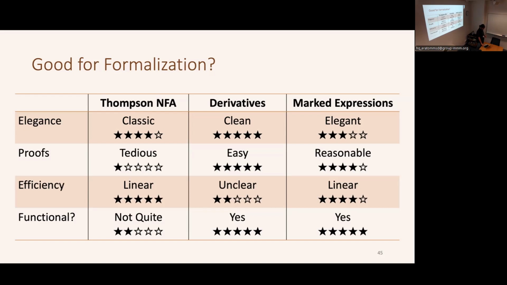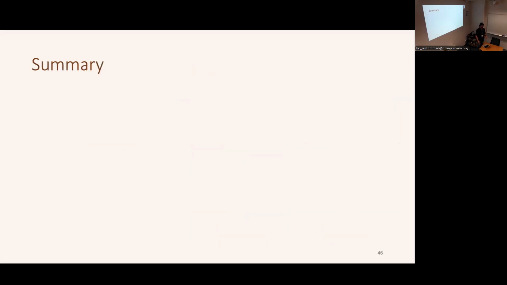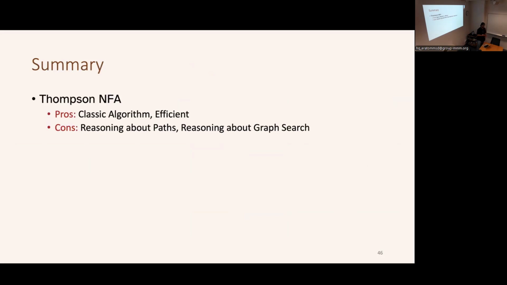So let us summarize by recollecting the pros and cons of each of these techniques one more time. With Thompson NFAs, we have a very classic algorithm which can be implemented very efficiently. But the con is that we have to reason about paths and graph search, which can be quite difficult in a proof assistant.